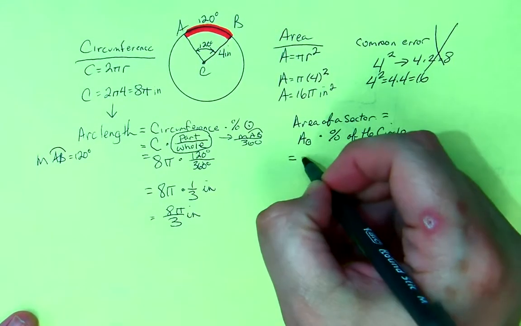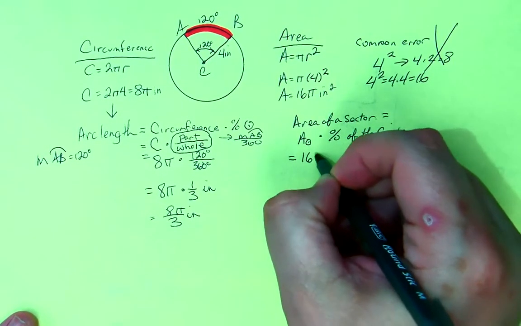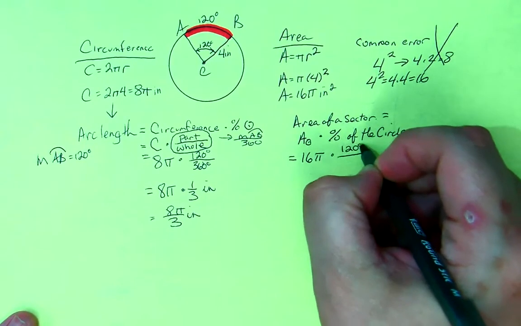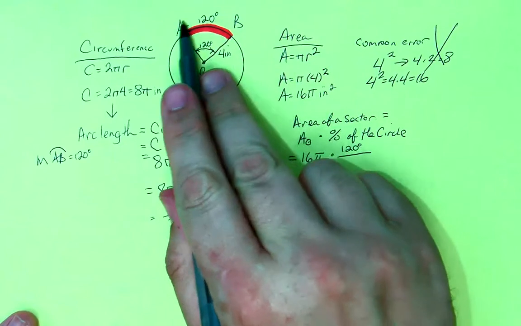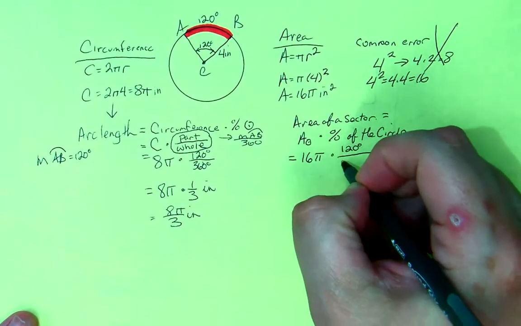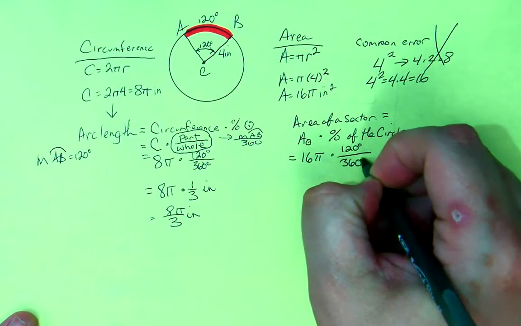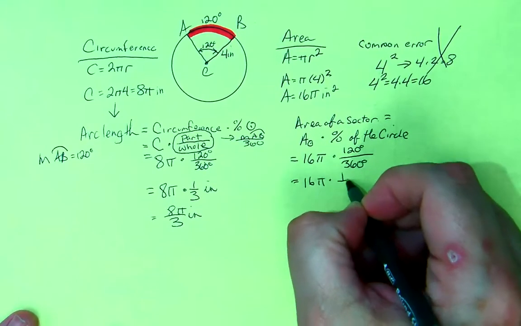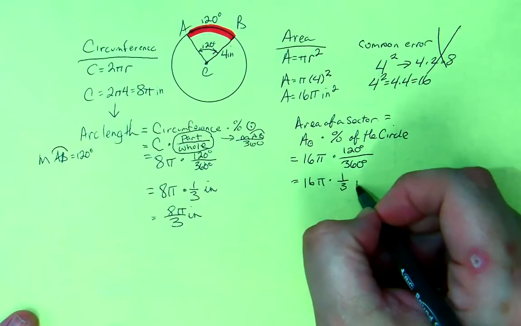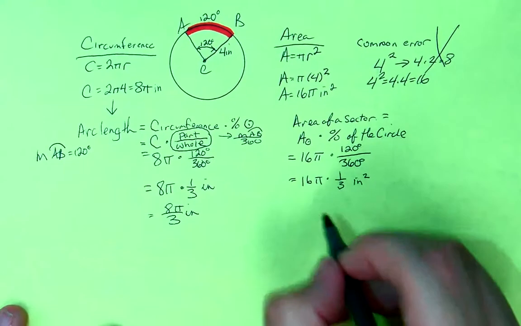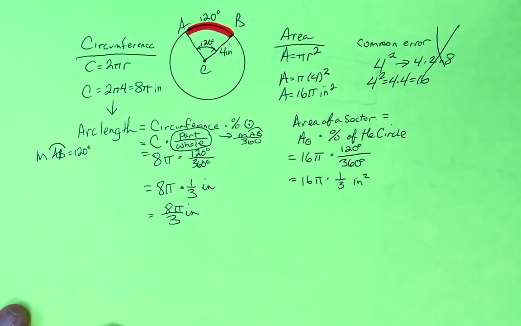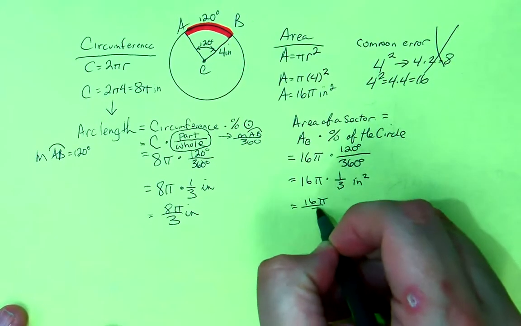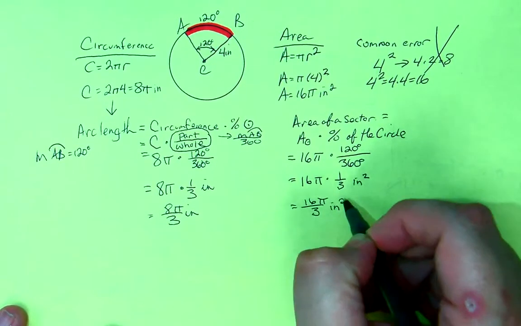So that is going to be, in this case, 16 pi times 120 degrees, because that's the part of the circle that we have, over the total, which is 360 degrees. So I get 16 pi times, again, 1 over 3 inches squared. Remember, we're measuring things here, so we have to actually include the measurements. So this is going to be 16 pi over 3 inches squared.